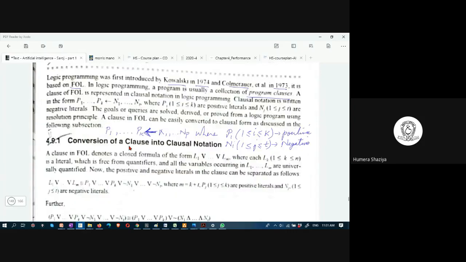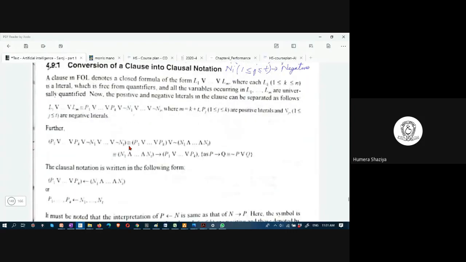How to convert a clause into clausal notation? To convert a clause into clausal notation, first we have to look for all the literals and identify positive and negative literals. They are separated by the arrow.